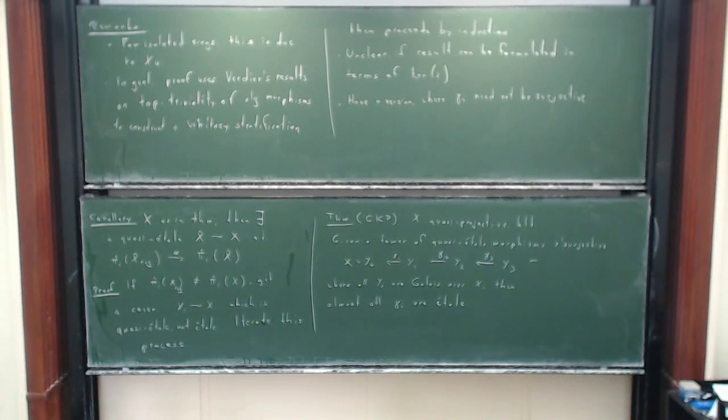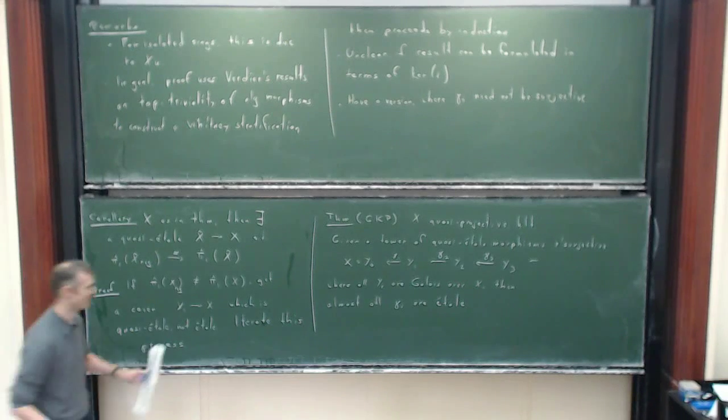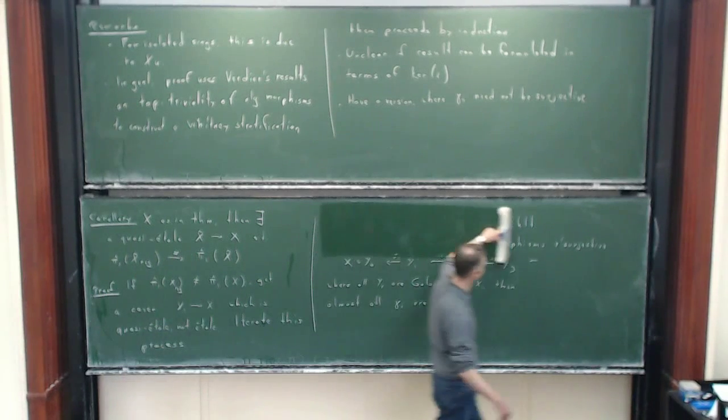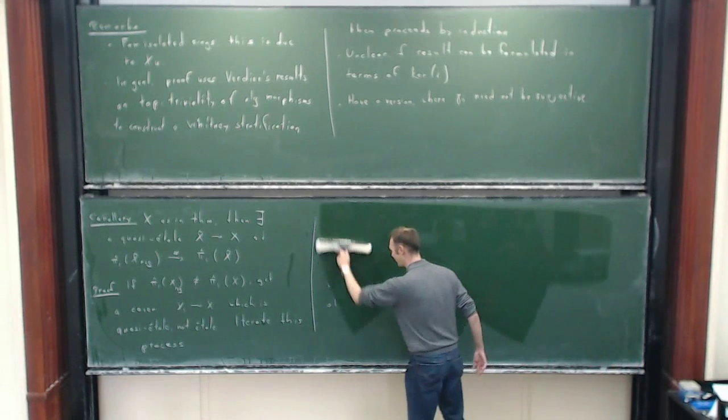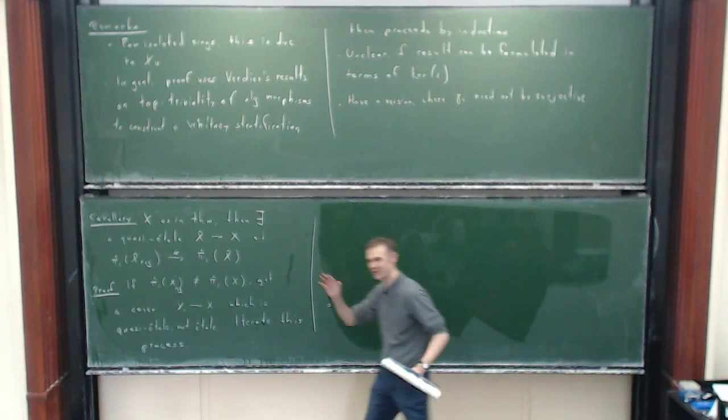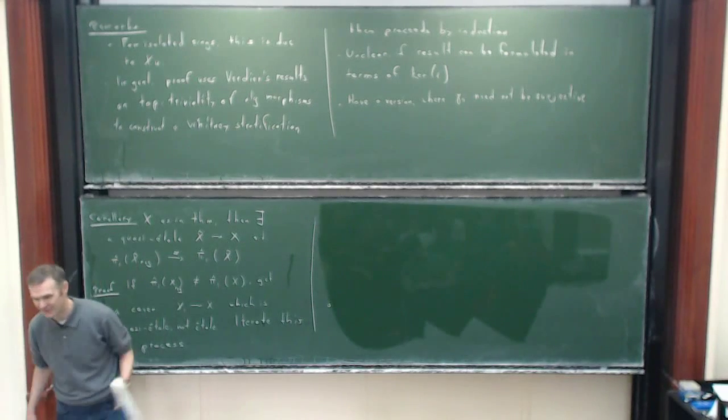You have to take Galois closures in every step, or if you're smart, you might notice that if you take a cover that's associated with the algebraic fundamental group, then you're good already.